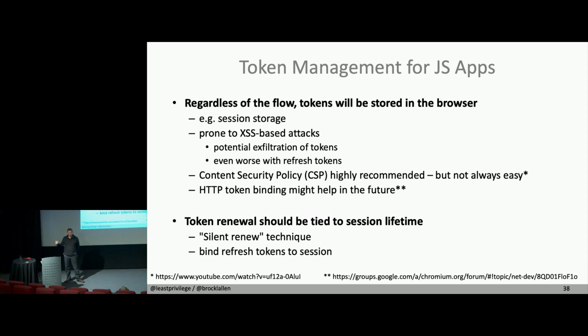Wherever you store it, if you have a cross-site scripting attack in your client application, there's a potential that the attacker can exfiltrate those tokens from your session storage, your local storage, your IndexedDB, wherever you store it, right? And that means now that you potentially have high-powered tokens in your browser, and an unknown cross-site scripting vulnerability that you are not aware of allows an attacker to steal them.